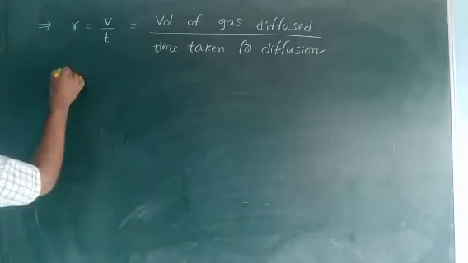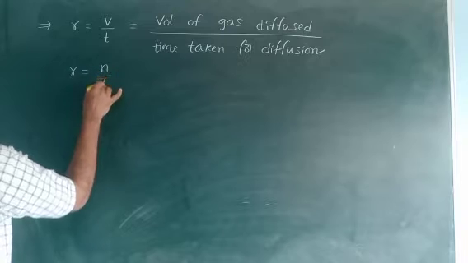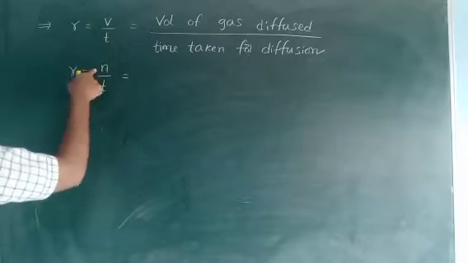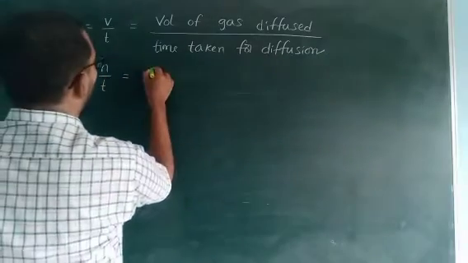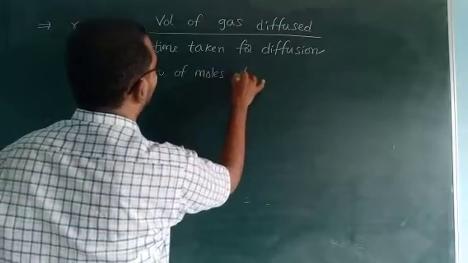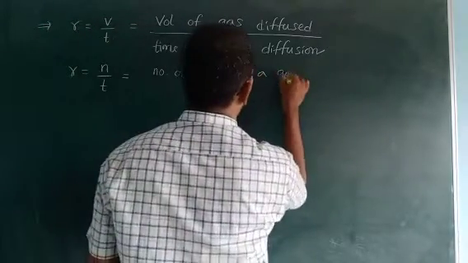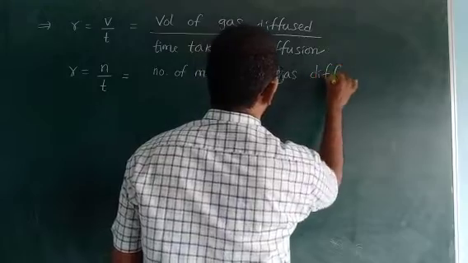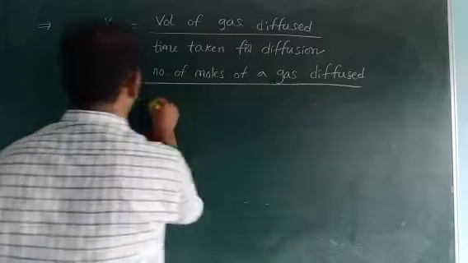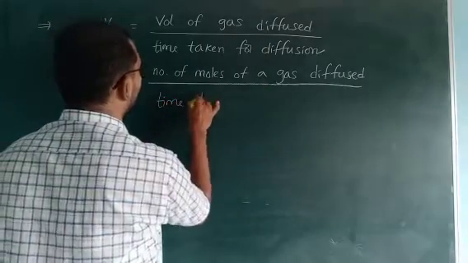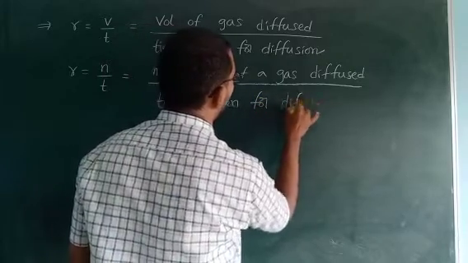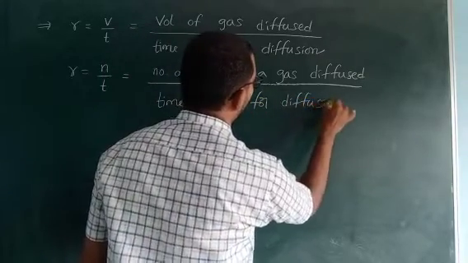One more is there, that is R is equal to n by t. Here n means we have expressed the escaping gas in number of moles terms, whereas before it was in volume terms. So R is the number of moles of gas diffused by the time taken for diffusion.